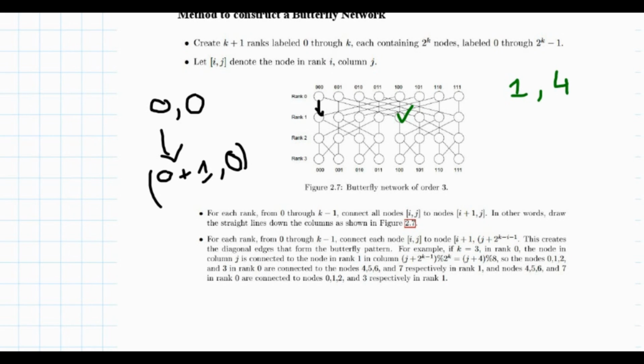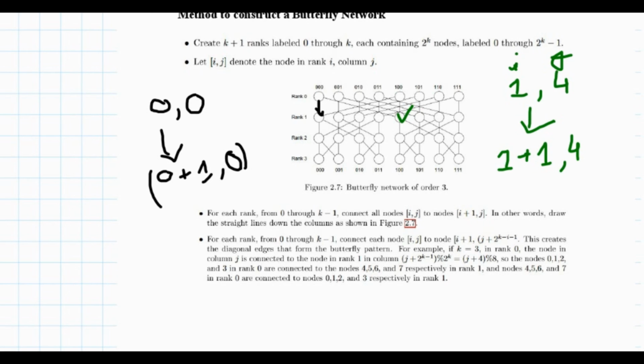So you have to connect this node with the i plus 1 and jth node, and i plus 1 is 2 and j is 4. So you have to connect the node at rank 1 and column 4 with the node at rank 2 column 4.